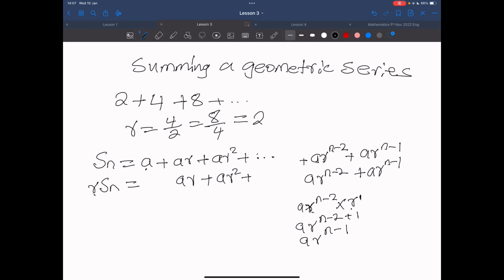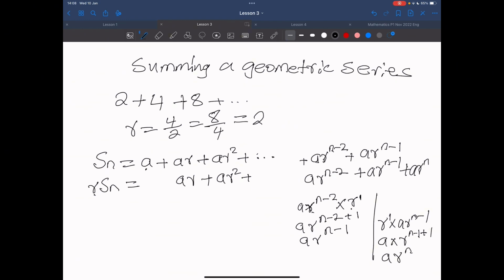But we are not done. We have to multiply the last term, and it will give us ar exponent n, because r multiplied by ar exponent n minus 1 is a multiplied by r exponent n minus 1 plus 1, so we have ar exponent n.